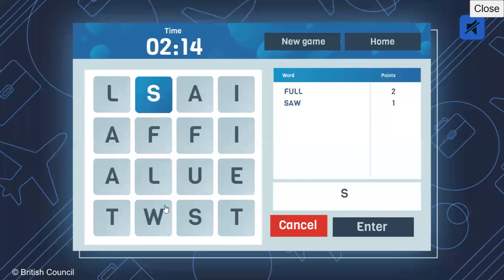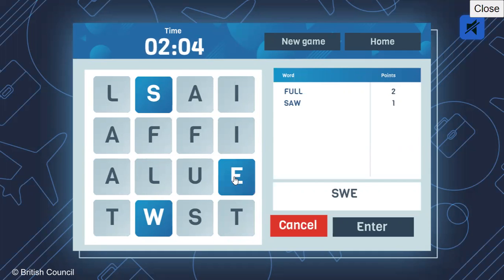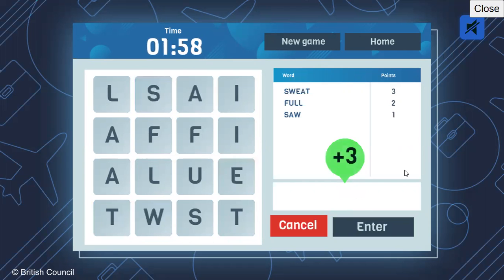Good. Oh, good. We have only one E, so we cannot say sweet, but maybe sweat. That is possible. Cold. Sorry? Cold. All right, cold.